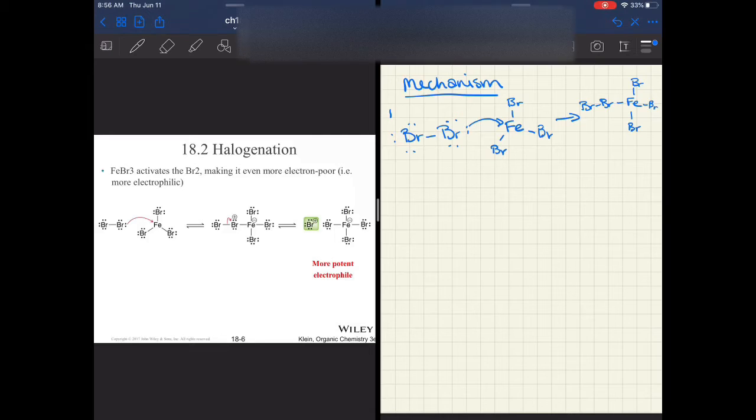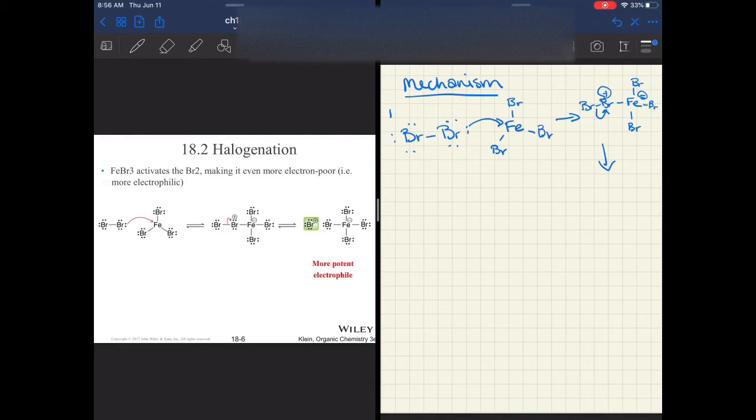When we put those extra electrons on iron, it has a negative charge. The bromine has a positive charge. The bromine is having to share those electrons. So what it does is it causes this bond here to break.